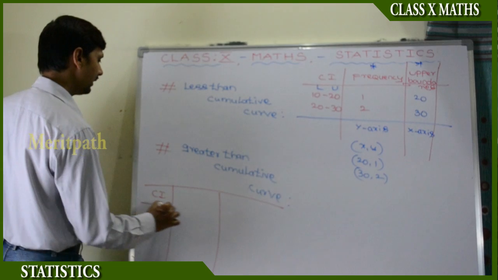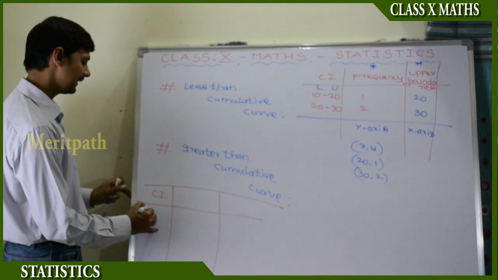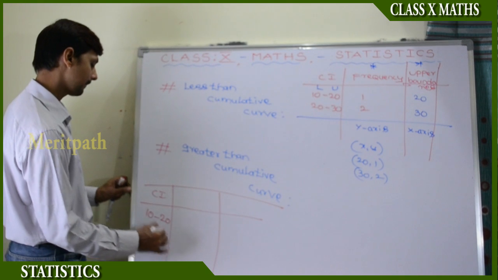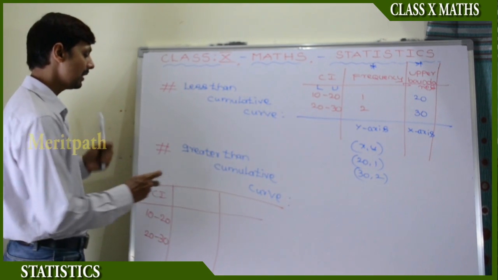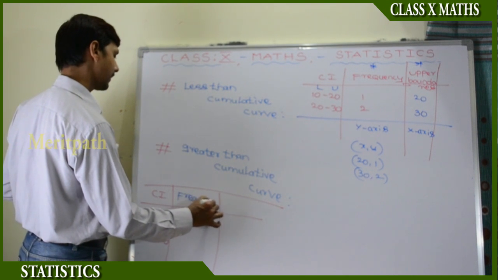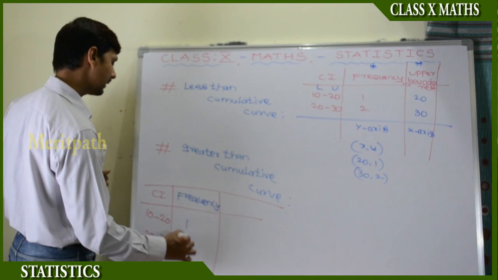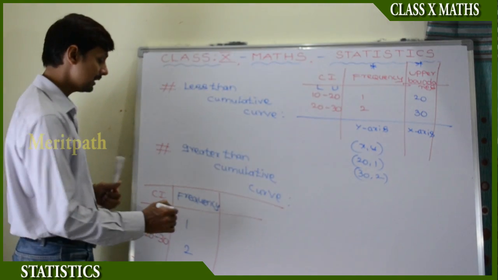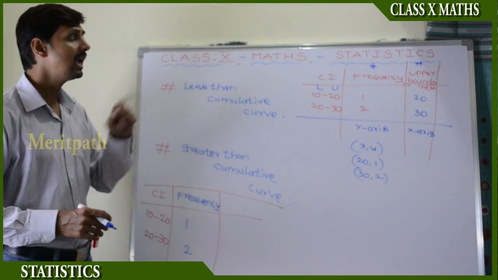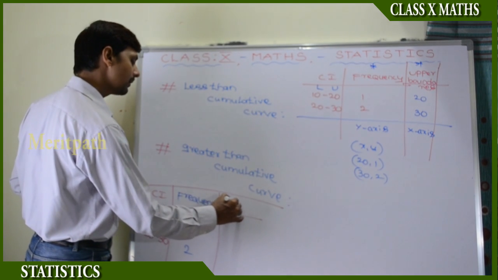We take the class intervals the same, 10 to 20 and 20 to 30, and the frequency is also the same, as given, 1 and 2 for example. For the greater than cumulative frequency, we use lower boundaries.